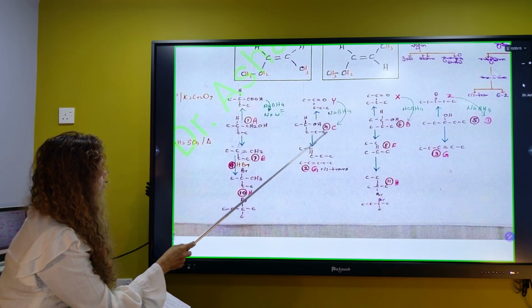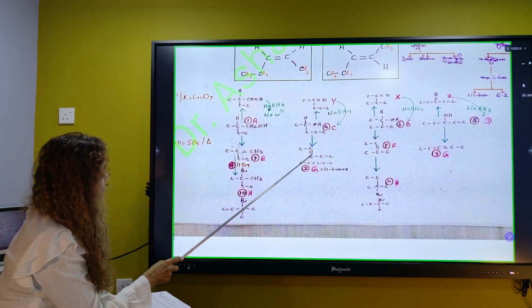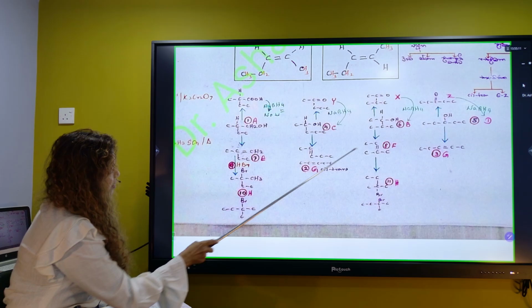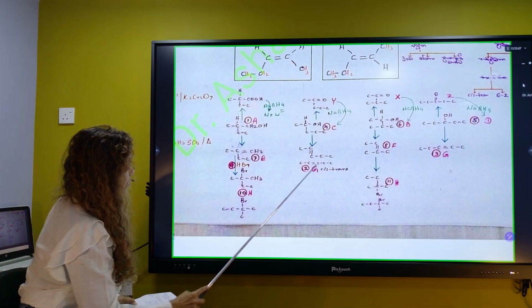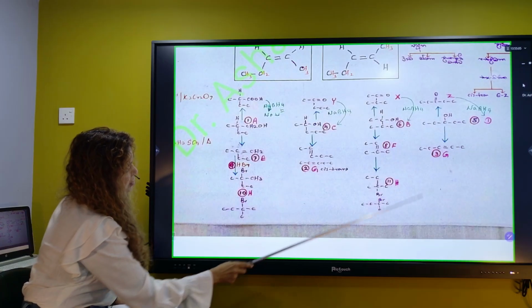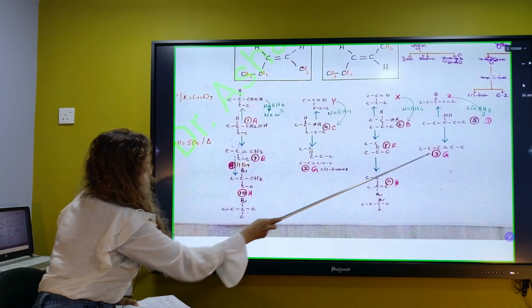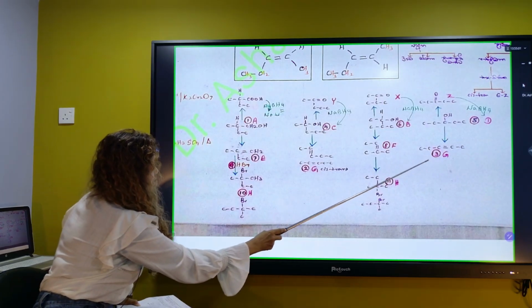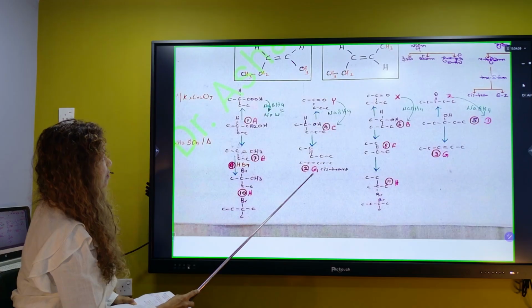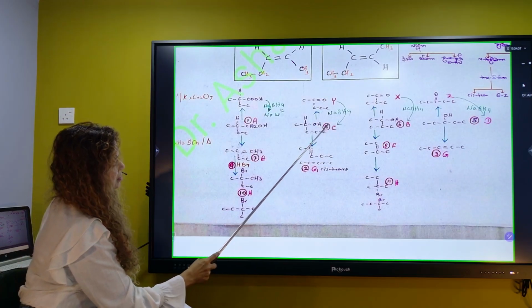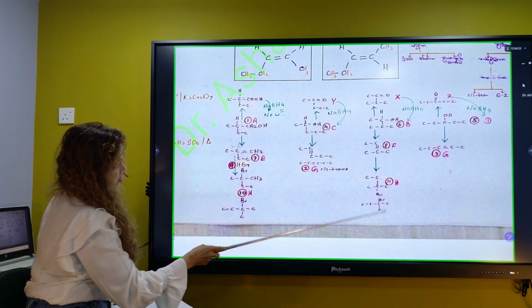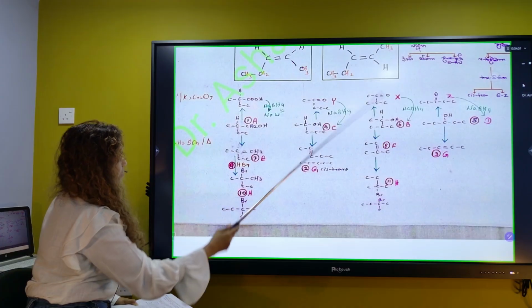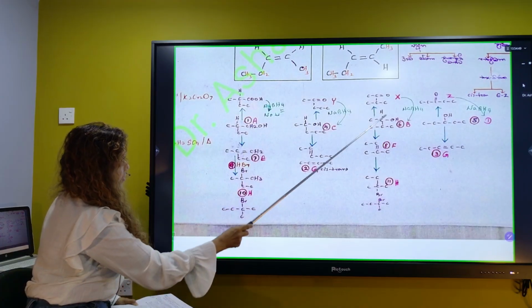If you make this straight, 2 carbon double bond 3 carbon, the same G, then these two have to be C and D. B is different, so this is B. Now we know A, now we know B.